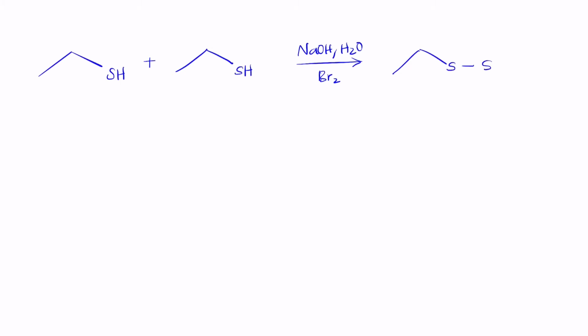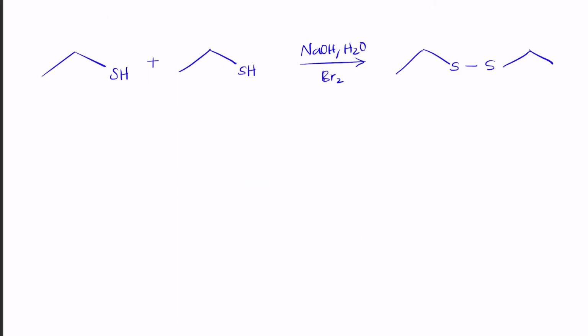If you take an SH plus another SH, the final compound, in the presence of NaOH, H2O and bromine, is a disulfide where sulfur bonds to sulfur.